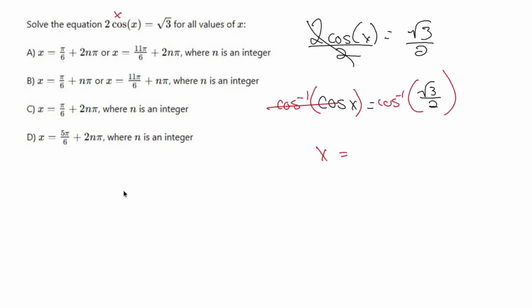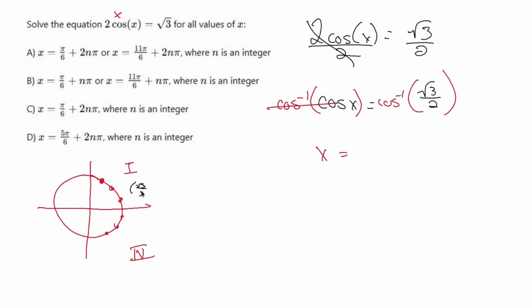Remember, cosine is an x value. So if I'm thinking unit circle thoughts, the x values are positive in quadrants 1 and 4. Each quadrant has a dot, dot, dot, and a dot, dot, dot. When the x values are root 3 over 2, those are the ones closest to the x-axis.